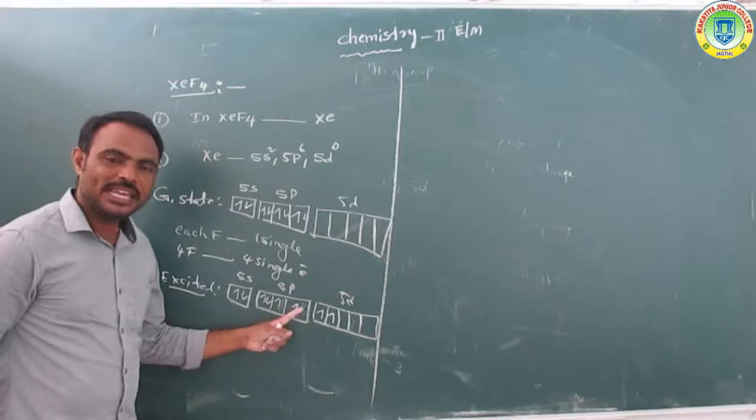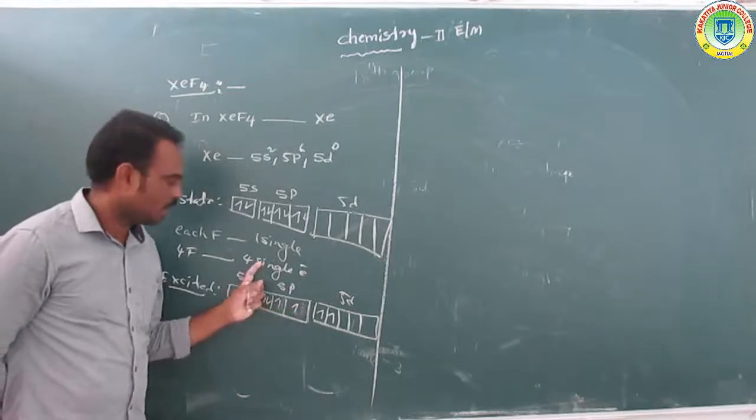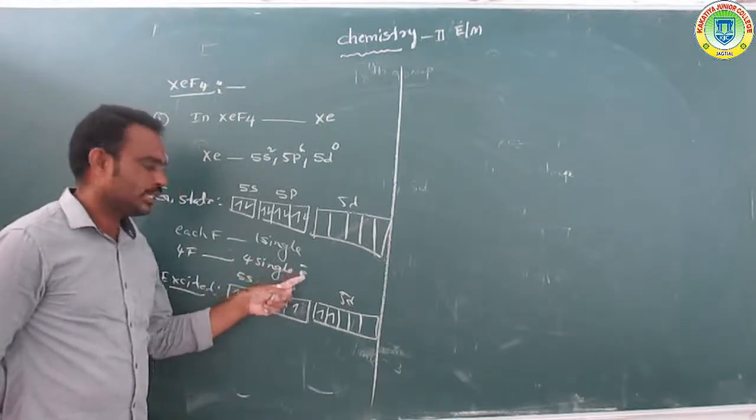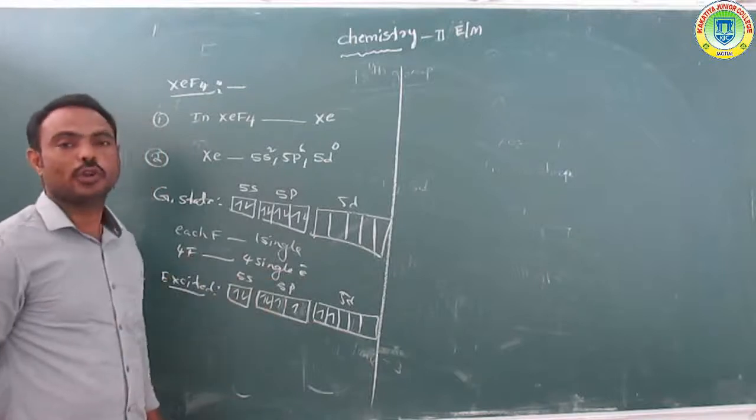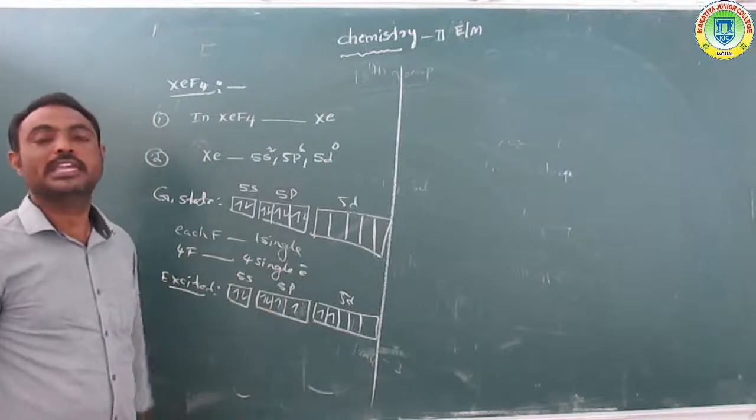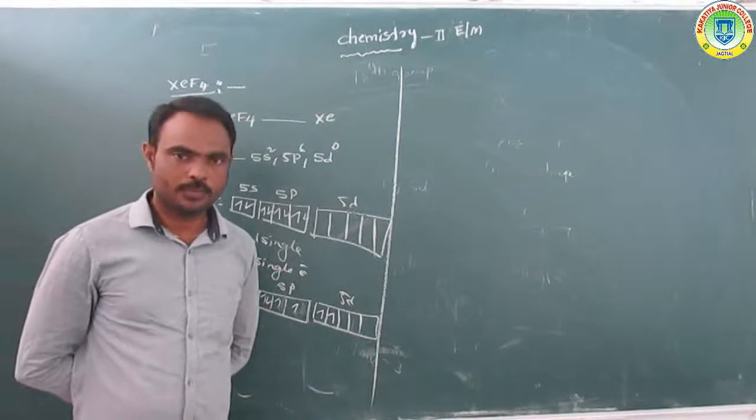These 4 single electrons of the xenon atom bond with the 4 single electrons of the 4 fluorine atoms to form XeF4. Okay, it's clear.